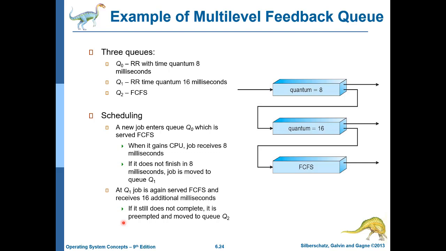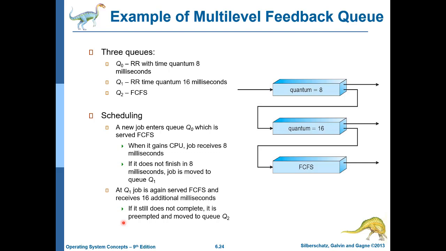But then it will be served with this time quantum of 8, which means that if this process finishes its burst within 8 quantum, then it will go and it will finish. Otherwise, if it is not finished, it will go to the next queue, which is time quantum 16.